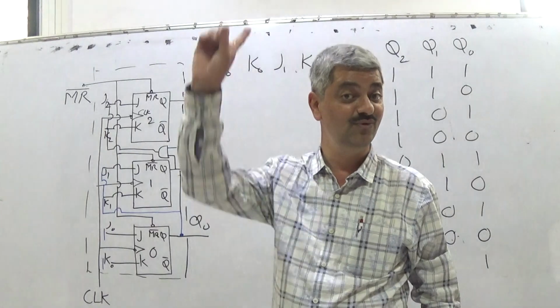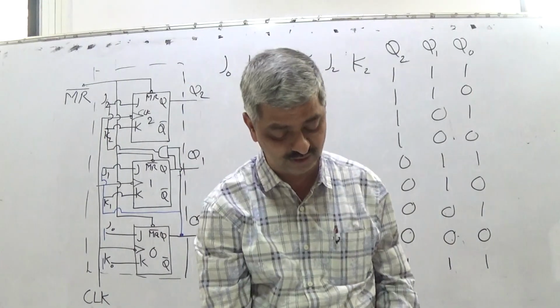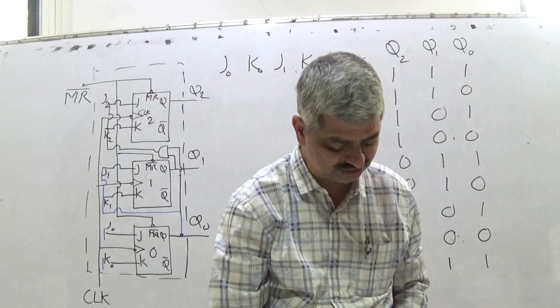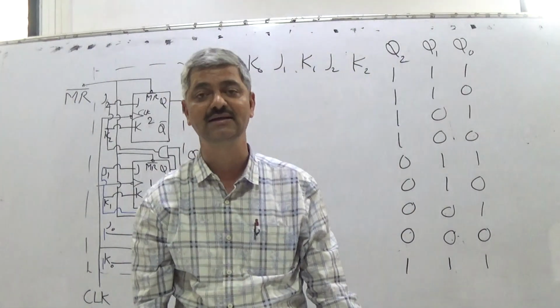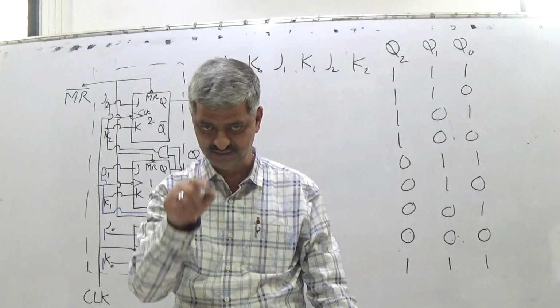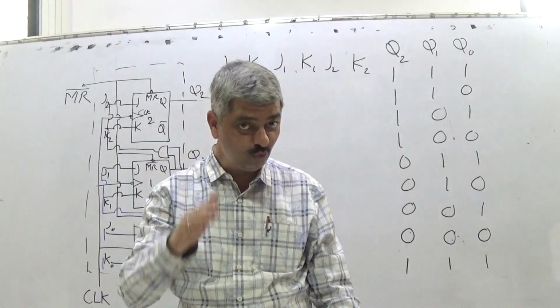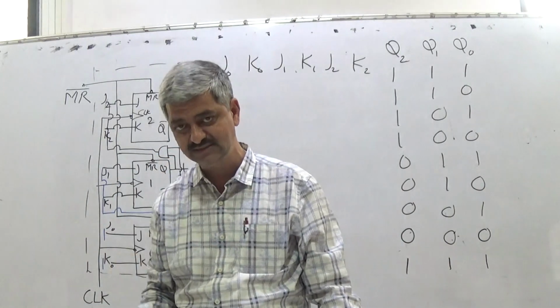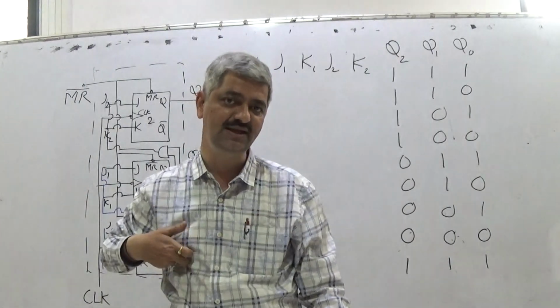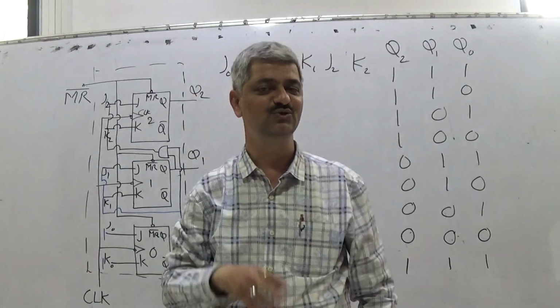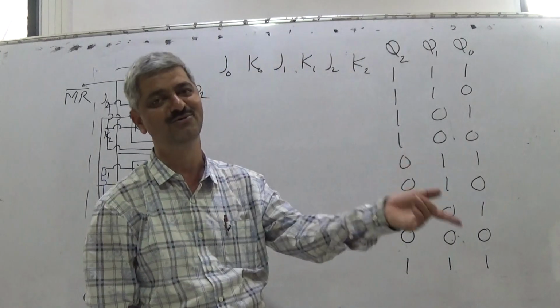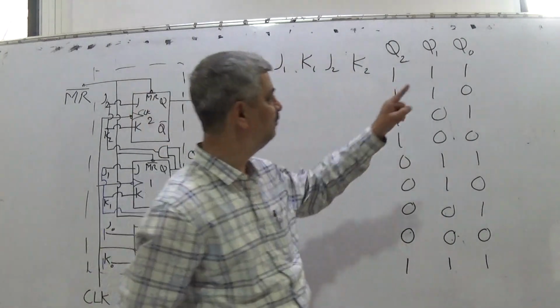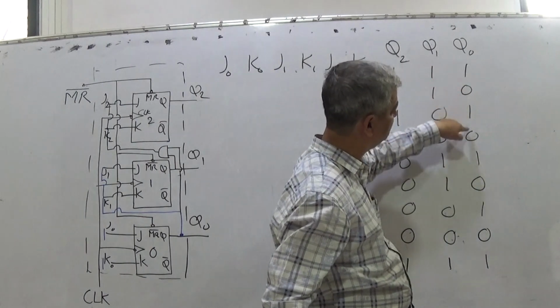Once upon a time in some lecture I had told that 1, 2 and many are different. 1 is separate, 2 is a different class, and 3 onwards become many. So 2 has a special significance. So a 1 bit up counter and a 1 bit down counter are the same. So you find that Q0 always toggles.